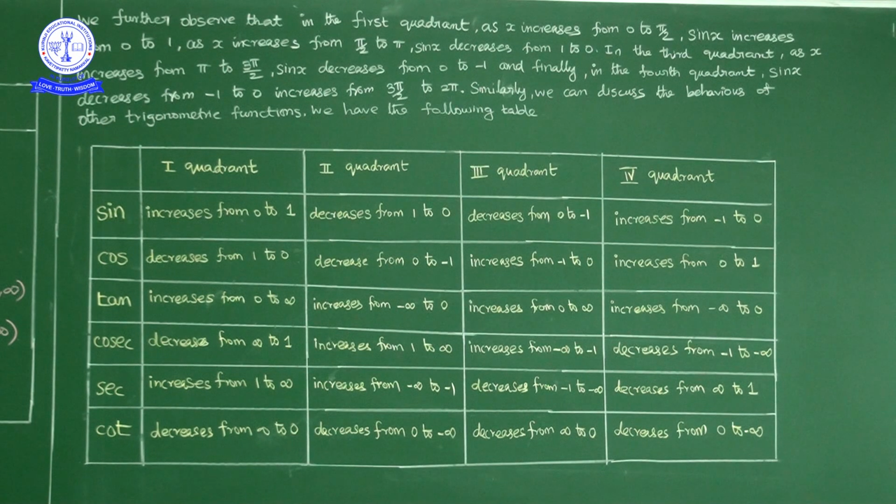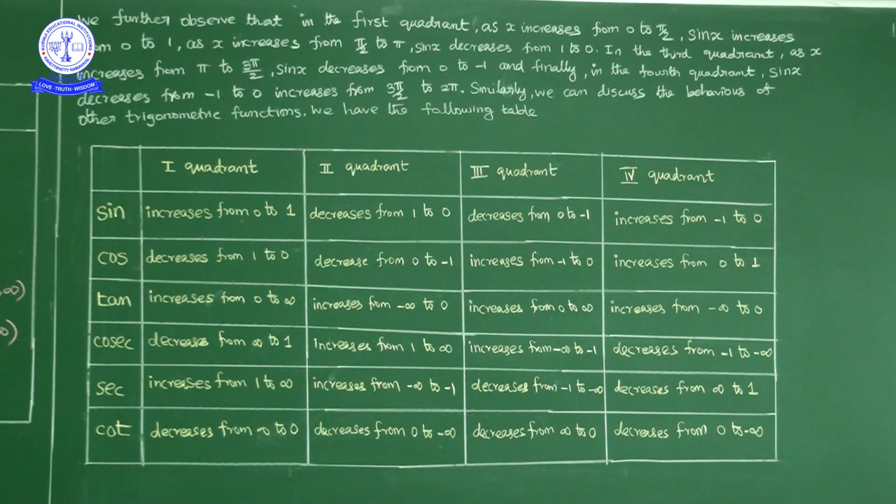Okay. Now as you move further in fourth quadrant, that is as x increases from 3 pi by 2 to 2 pi, tan x increases from minus infinity to 0. Minus infinity to 0 is negative. So tan is negative in fourth quadrant.